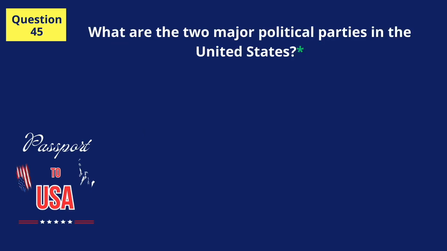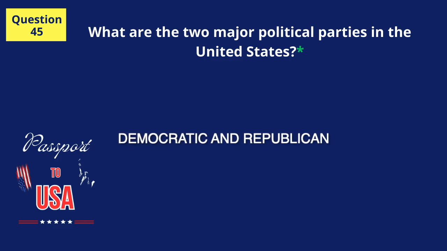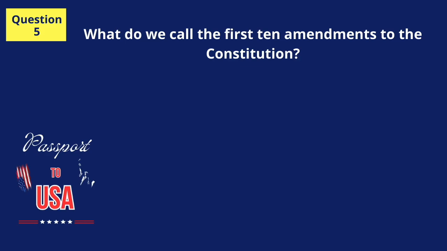What are the 2 major political parties in the United States? Democratic and Republican. What do we call the first 10 amendments to the Constitution? The Bill of Rights.